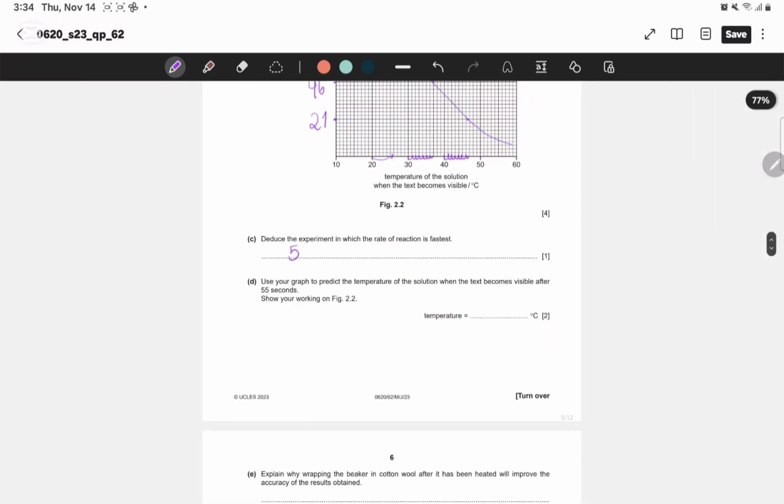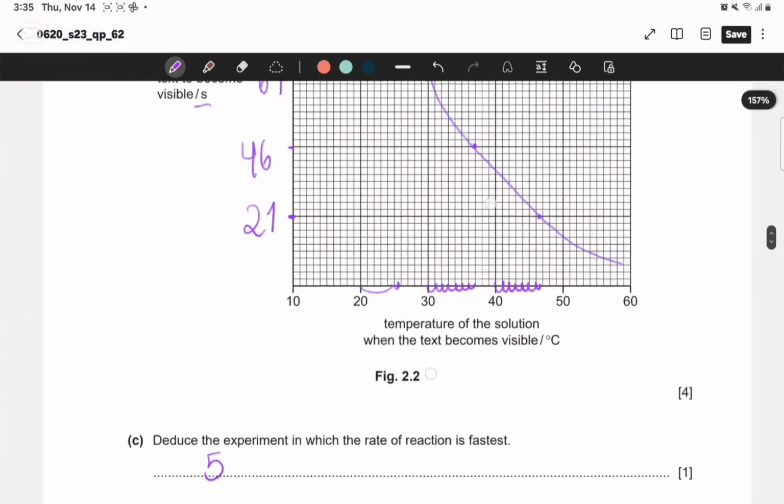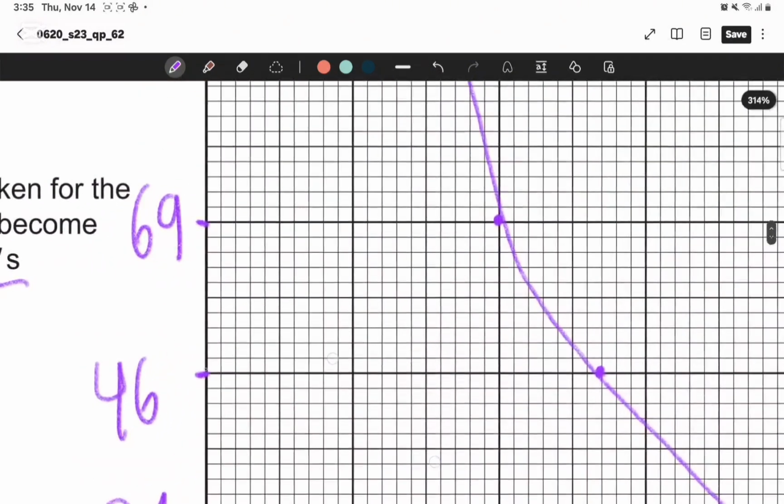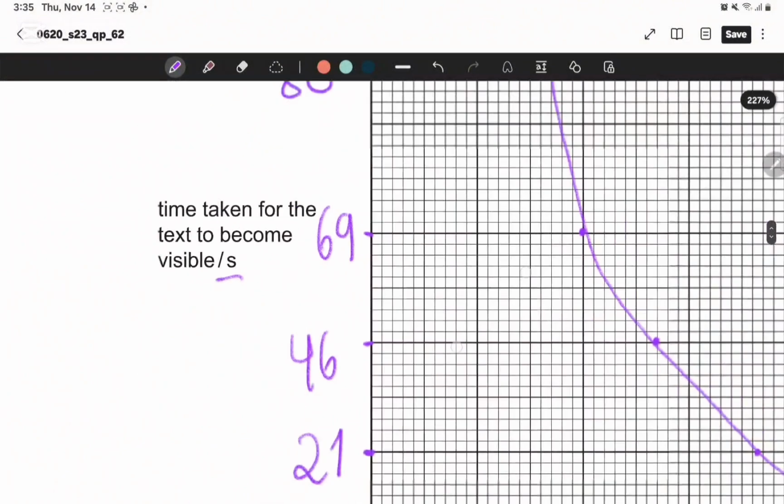Use your graph to predict the temperature of the solution when the text becomes visible after 55 seconds. Wait, it's not that accurate. Let's say 46, 47, 48, 49, 50, 51, 52, 53, 54, 55. Yeah, no, I should have made it more accurate. Okay, let's just estimate.